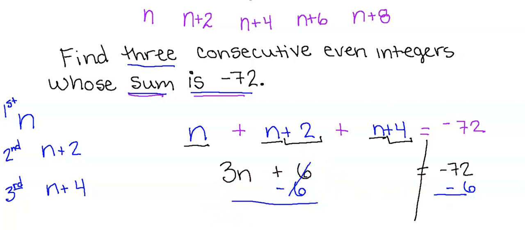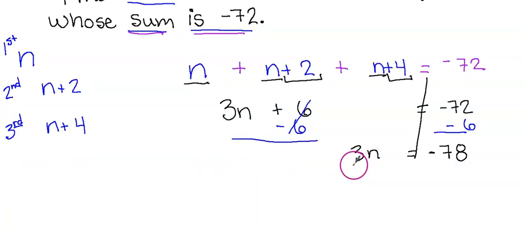6 minus 6 is gone. I have 3n equals negative 72 plus a negative 6, which stays negative, so I have negative 78. Divided by 3. I'm dividing because 3n is the same as 3 times n. The opposite is divide.